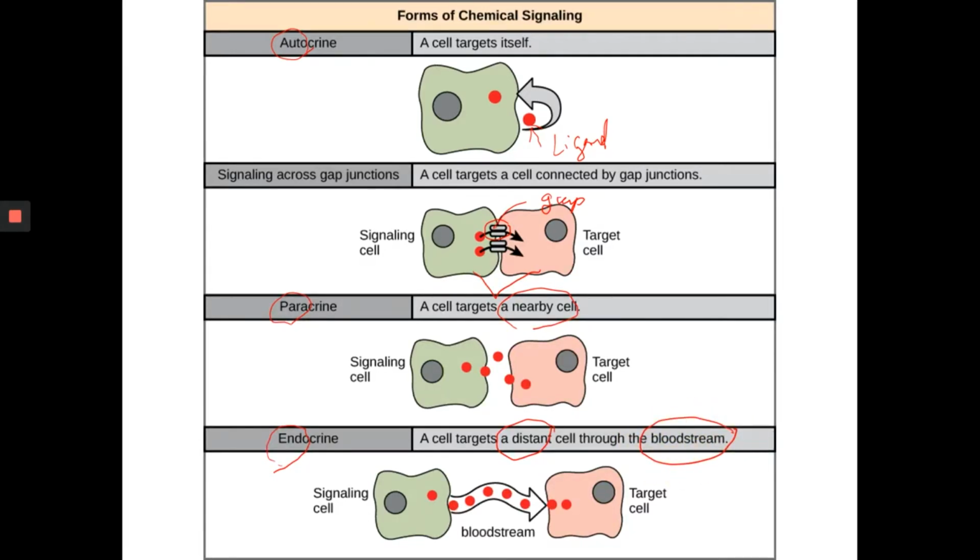The vascular system is kind of like the highway system in our body, right? So it can transport a lot of things throughout your body. Could be gas, carbon dioxide, nutrients, or hormones. Cell signaling molecules released by the endocrine system are called hormones. So all those things can travel via the bloodstream to get to their target cell, which may be pretty far.